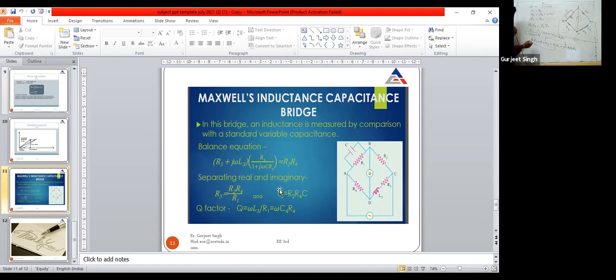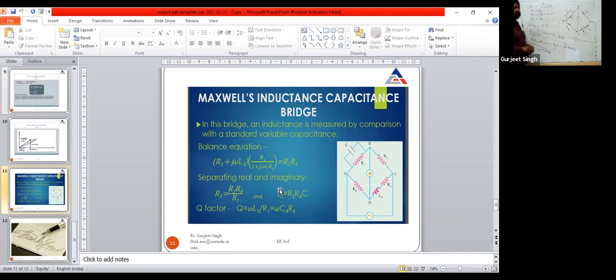Comparing the real parts, we find R3, the unknown resistance, is equal to R2 R4 divided by R1. Similarly, comparing the imaginary parts, the value of L3 is equal to C1 R2 R4.